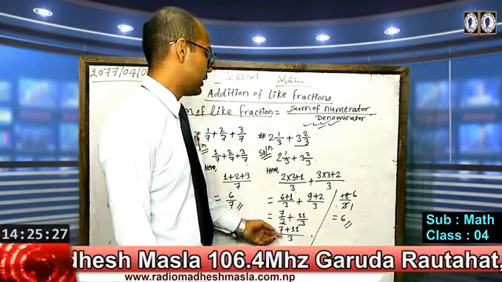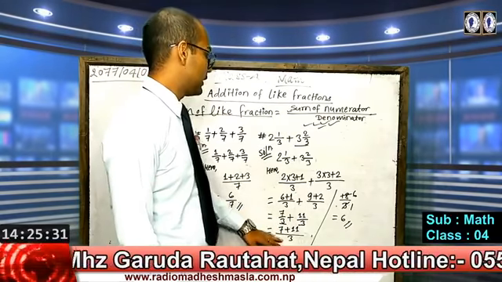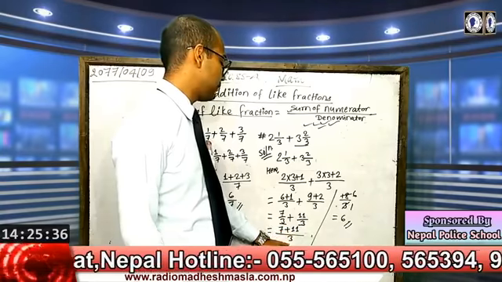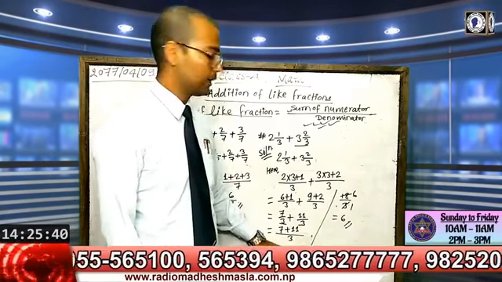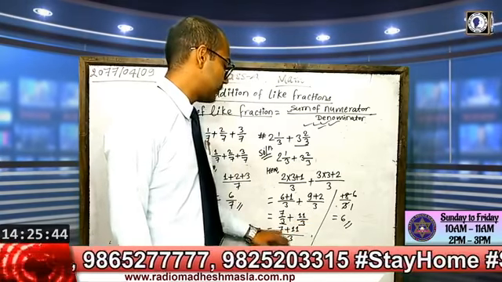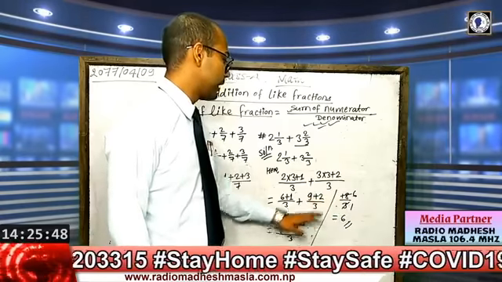Then we should find the sum of the like fractions, that is 7 plus 11 by 3, because the numerators should be added and the denominator should be copied. Adding 7 plus 11, we got 18 by 3.